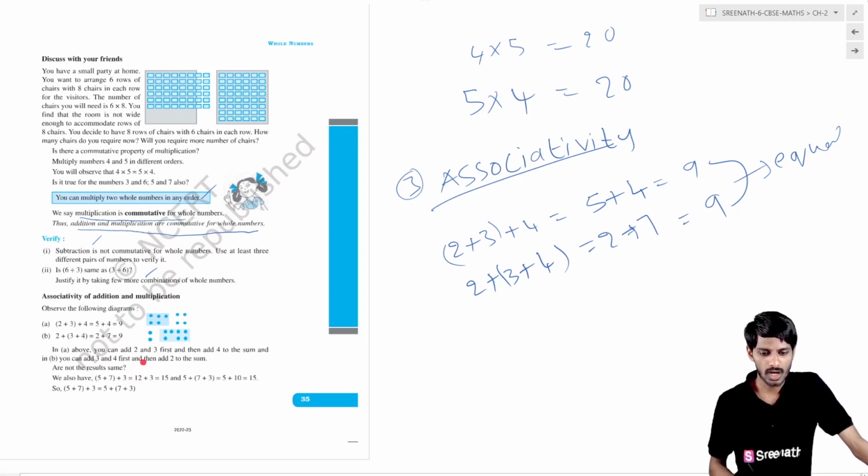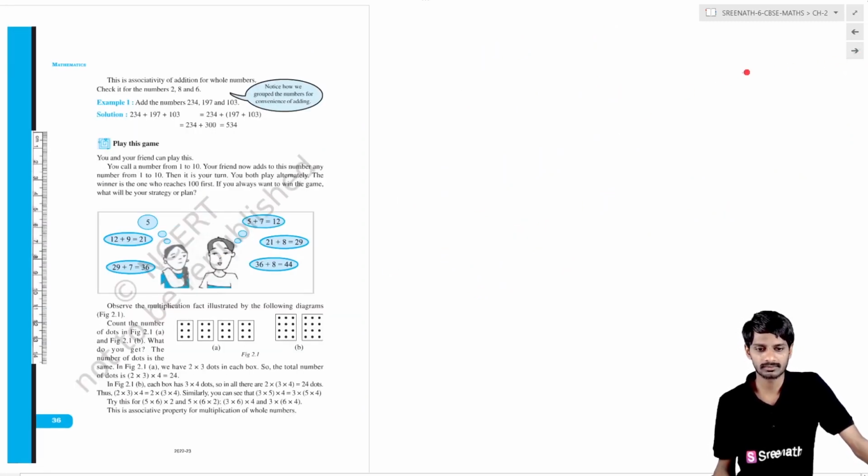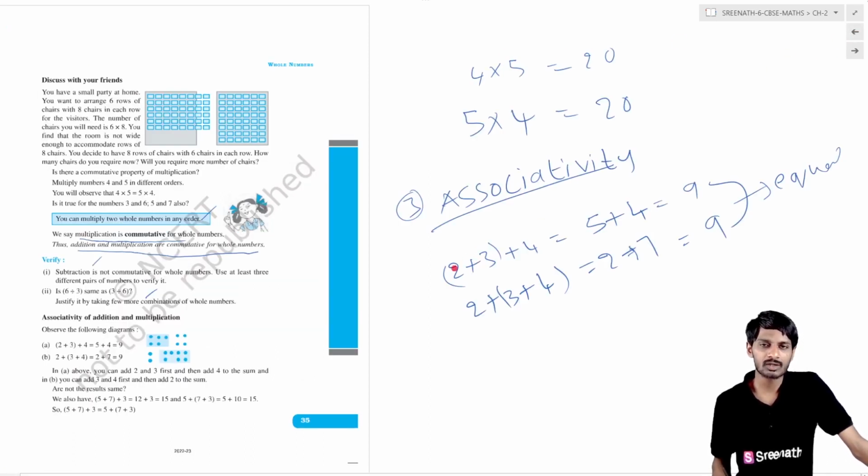So what can we conclude? This is associativity of addition for whole numbers. What do we call it? We call it associativity of addition for whole numbers. Notice how we grouped the numbers for convenience of adding. In the beginning we grouped these two numbers and found the result.